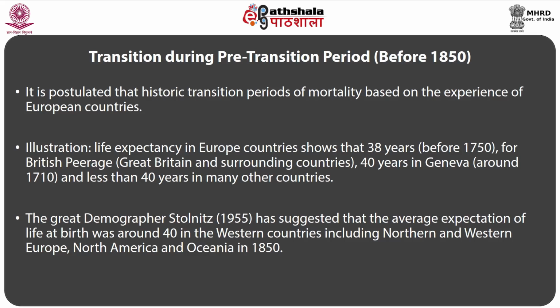The great demographer Stolnitz, 1955, has suggested that the average expectation of life at birth was around 40 in the Western countries, including Northern and Western Europe, North America and Oceania in 1850.